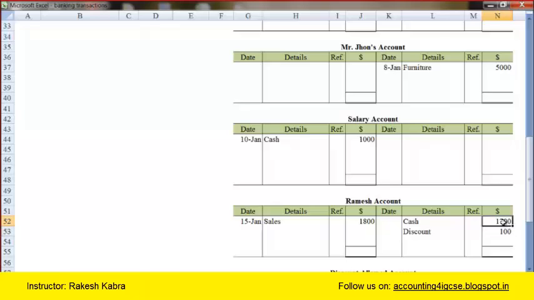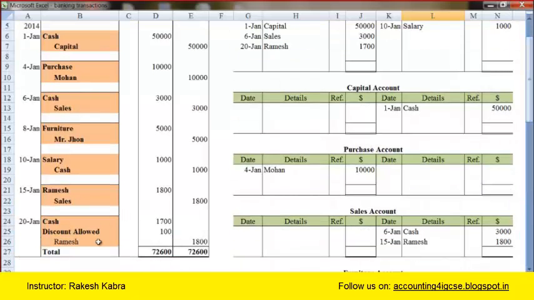And why can't I write 1800 in one go? Because we have two accounts. We need to write the name of both the opposite accounts, isn't it? That's why I can't write 1800 in one go. 1700 plus 100. So cash is the opposite account to Ramesh, and discount allowed is also opposite to Ramesh. So posting done in Ramesh account.